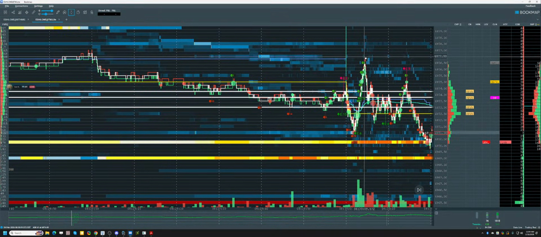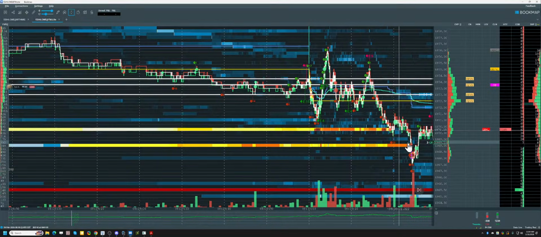Now let's look again. Here we have a sweep and liquidity. This is a potential long here. This is structure right here. Sweep suggests the upside rotation. This is a liquidity trigger potentially, and if the trade's going to work, it's going to come here.